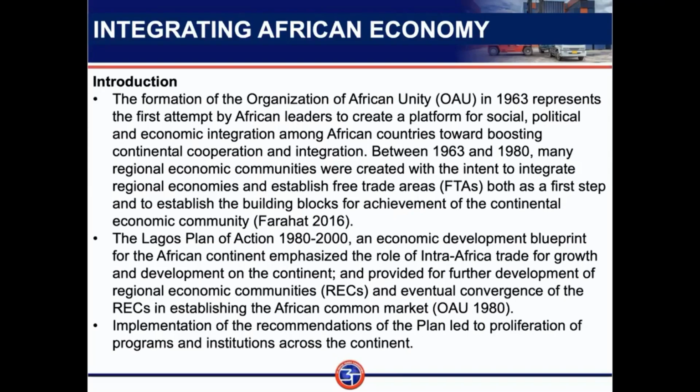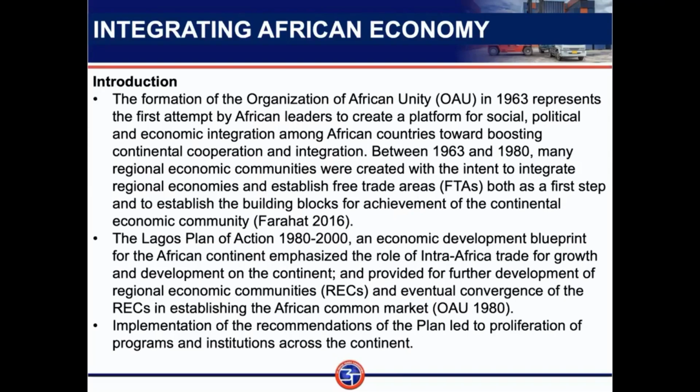Between 1963 and 1980, many regional economic communities were created with the intent to integrate regional economy and establish a free trade area. So the first thing Africans, or the AU, did is to get Africans to create different regional economic blocks. So we have the ECOWAS, we have the SADC, ECOWAS in West Africa, SADC in Southern Africa.